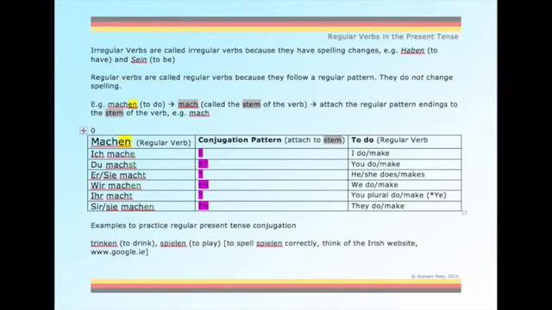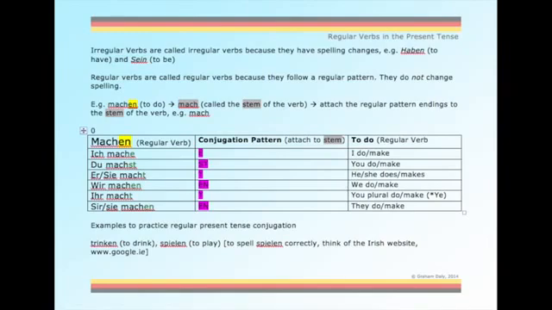So for example, ich lese ein Buch. The ich part of the sentence lets you know that I am reading a book. Wir trinken Cola. We are drinking Coke. The wir part of the sentence lets you know that we are doing it.